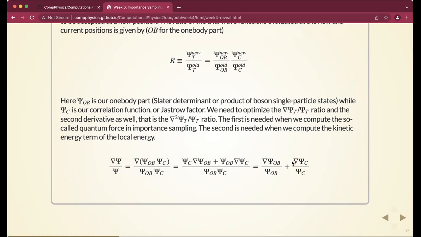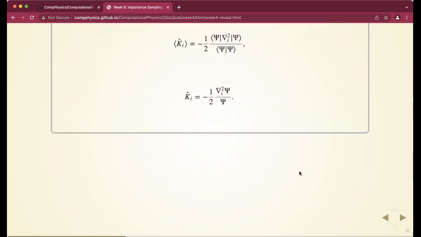We can also simplify the calculation of the ratio between the gradient of the correlated part, divided by the correlated wave function. So keep this in mind. The expressions here are pretty simple, but the way we simplify and optimize the code will depend on the type of trial wave function which we have.